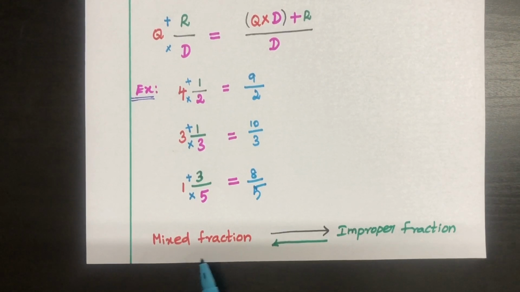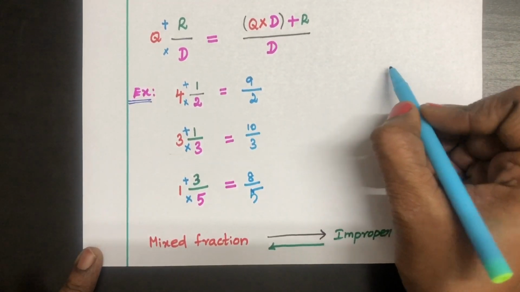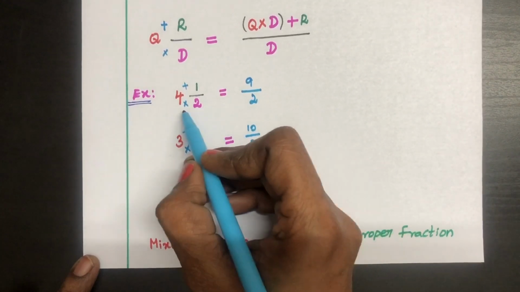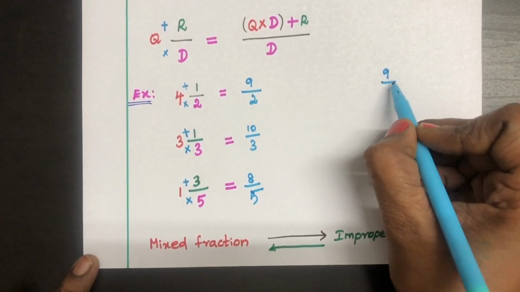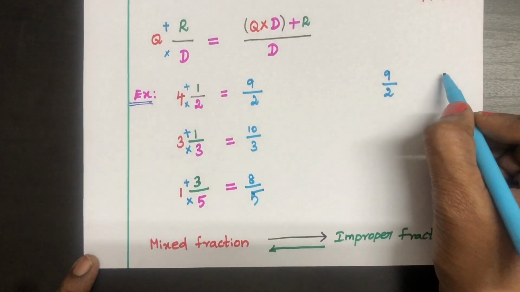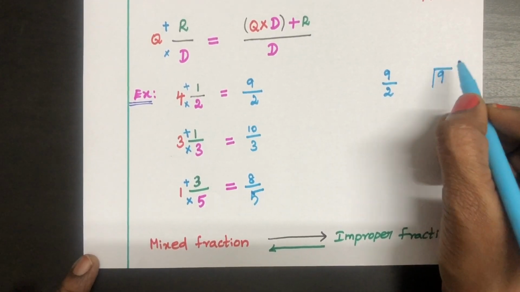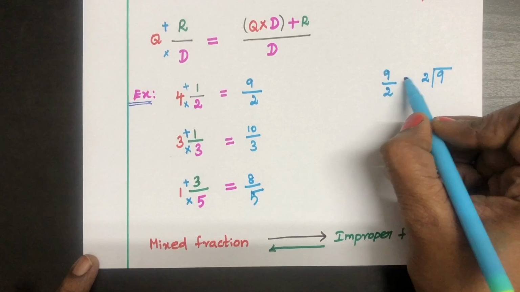So a mixed fraction can be converted into an improper fraction, and an improper fraction can be converted into a mixed fraction. See here, this 9 by 2 is the improper fraction actually, so we are going to make this into a mixed fraction. 9 is divided by 2.